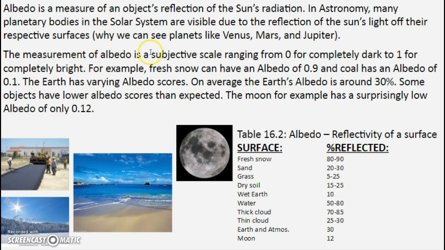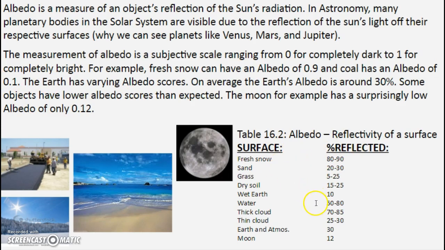The measure of albedo is a scale ranging from 0 for completely dark to 1 for completely bright, meaning it reflects the light altogether. Fresh snow can have an albedo of about 0.9, whereas 90% of the light is reflected. And coal has an albedo of about 0.1.